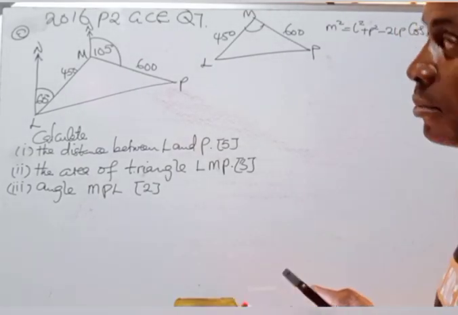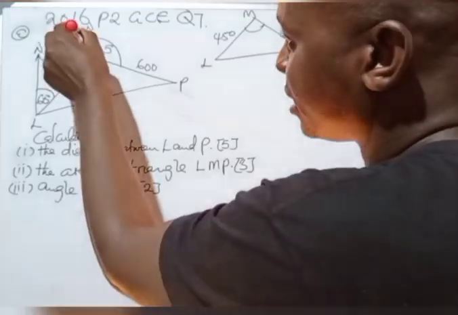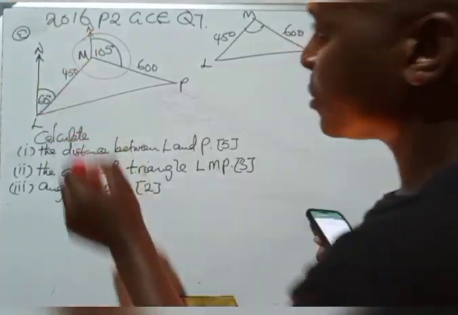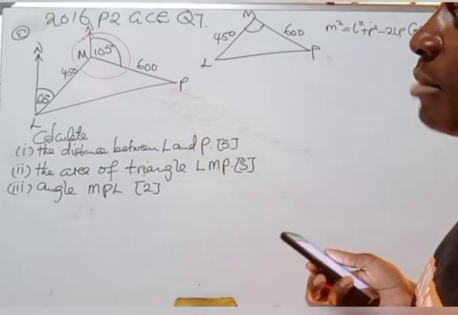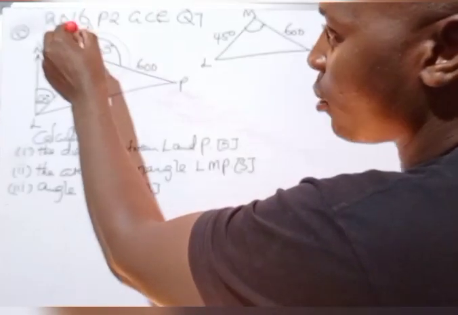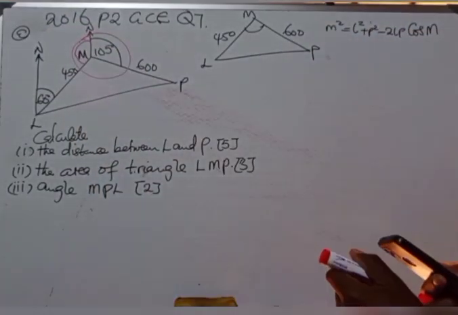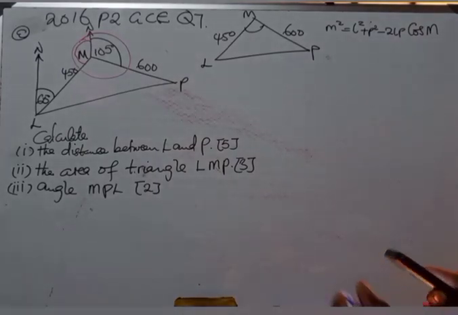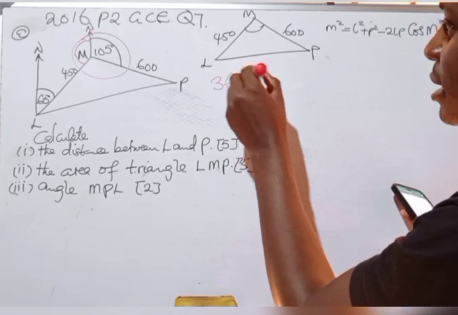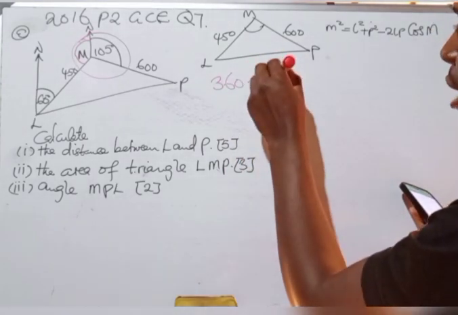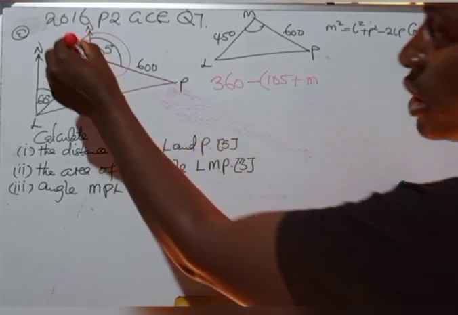Remember, this is bearing. The concept of saying 360, the whole angles in a circle, 360, minus this angle here, and also minus this angle here, which is 105. So it will be 360 minus angle 105 plus angle M. Which angle M?